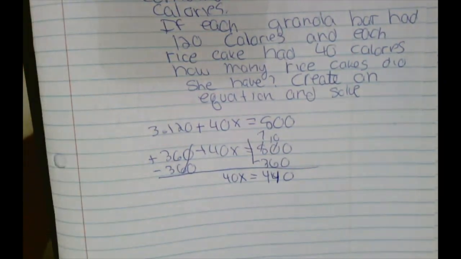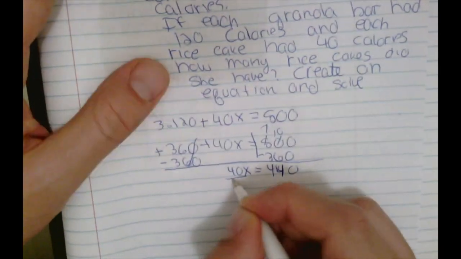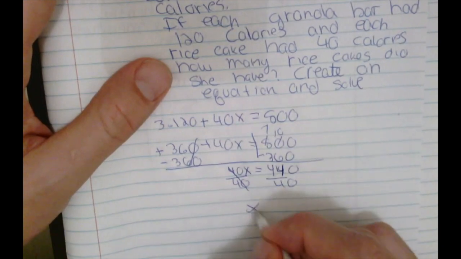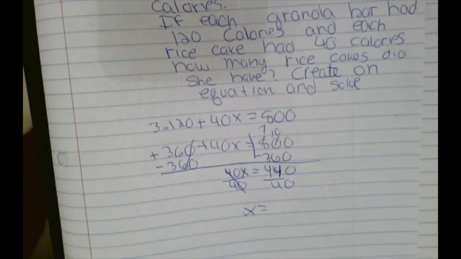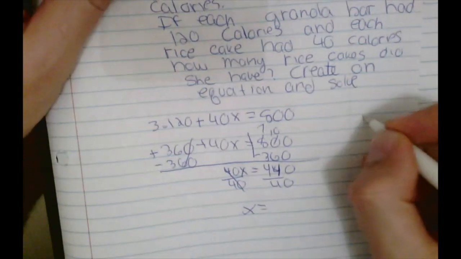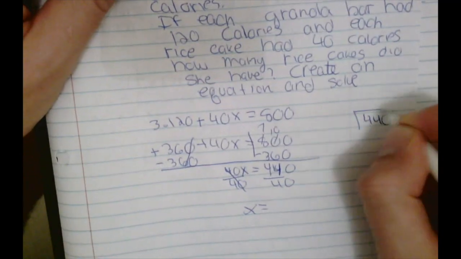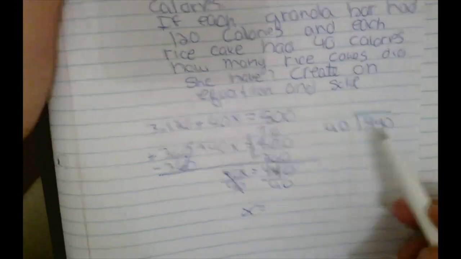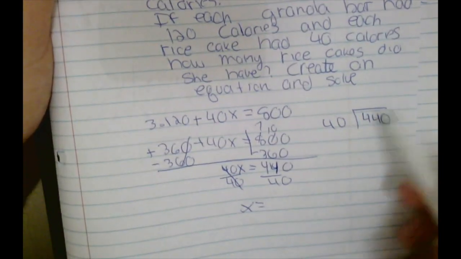Next thing I need to do is isolate my variable. Since I'm multiplying, I'll divide both sides by 40. On the side here I'll write 440 divided by 40. 40 can't go into 4, but 40 can go into 44 one time.